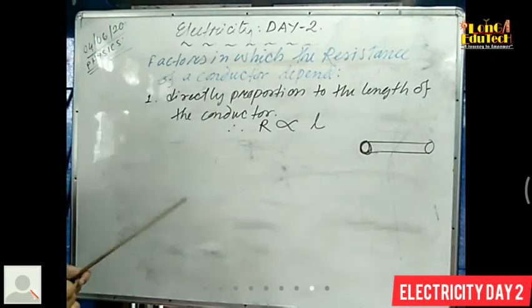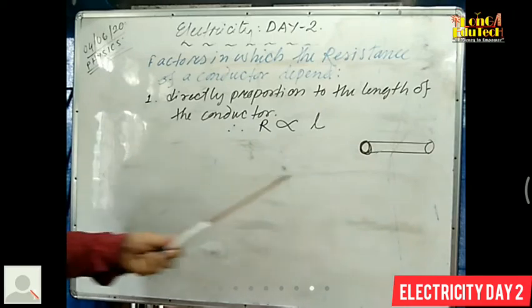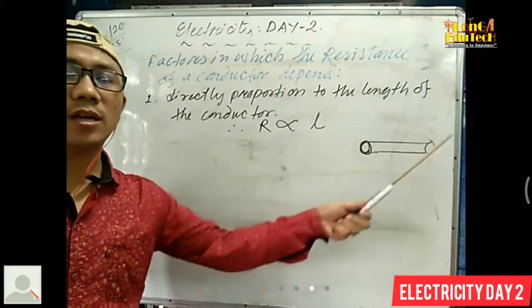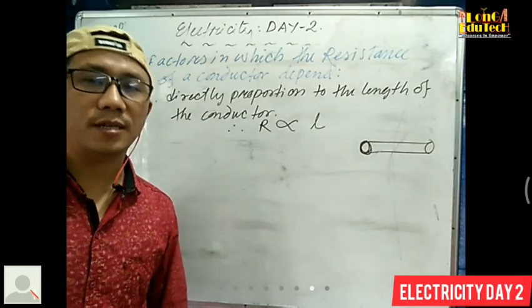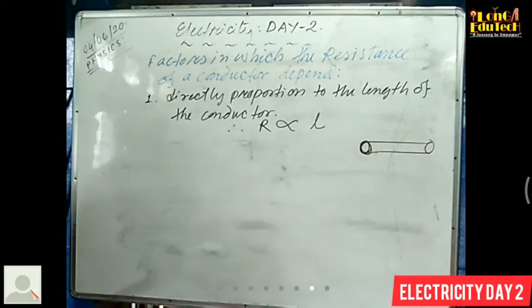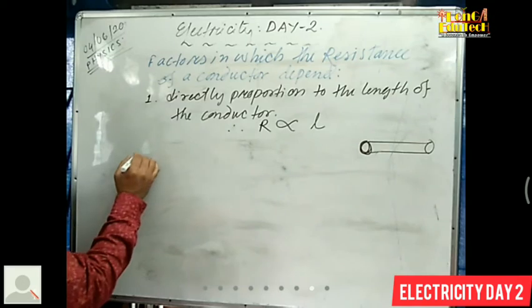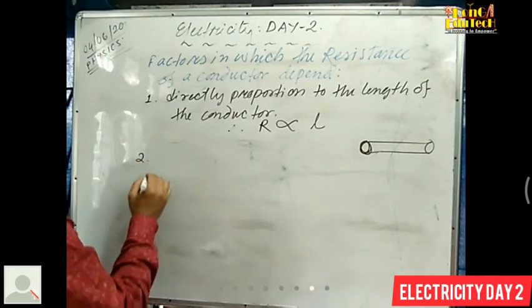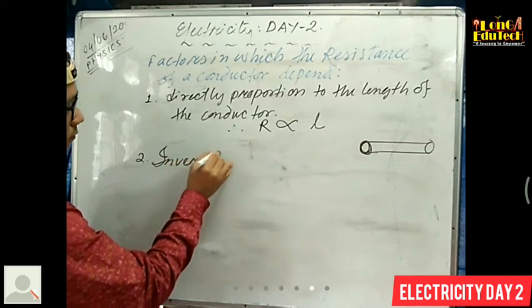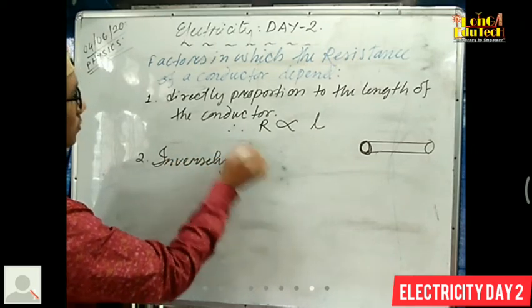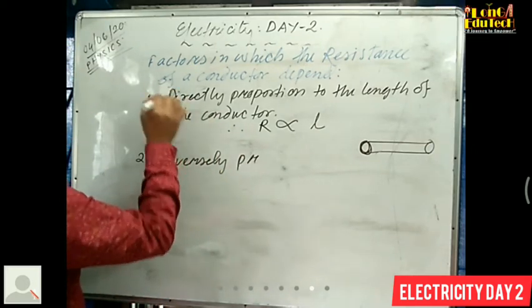Together, the wire should be in the form of a cylinder. That we also have to know, and that will come in the calculation part. The second part is that it is inversely proportional.